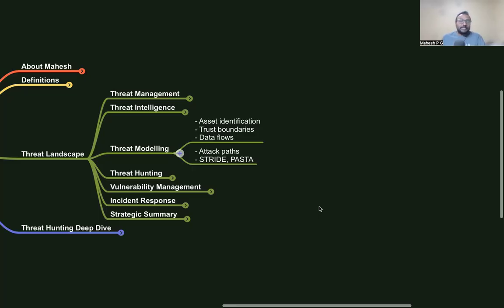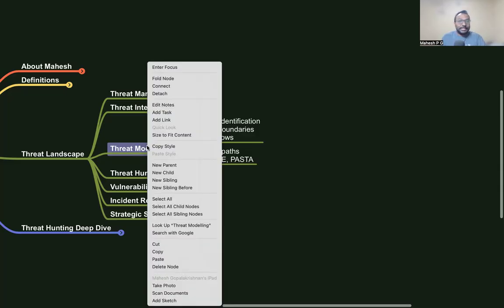Then there are others like PASTA, Trike, VAST. There are a lot of different types of threat modeling. It is to understand the weaknesses in the system and ensure they are addressed before an attacker finds them and attacks the organization. That is all about the threat modeling side.